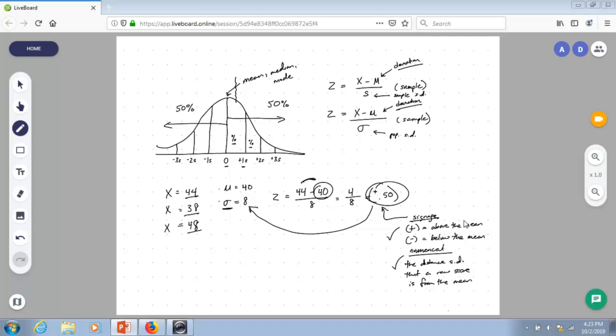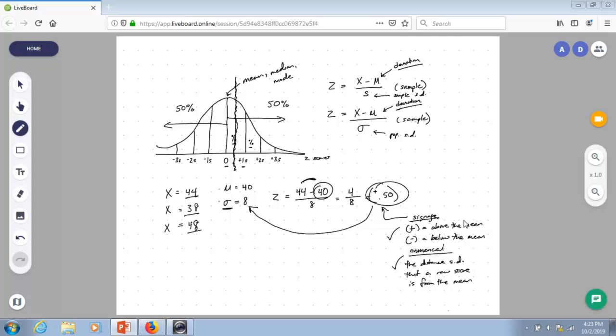So 0.50 would fall likely right there, kind of treating this like a number line of sorts, okay, because these standard deviations represent z-scores. And now we have a nice visual representation of 44 and its relation to the mean, which is 0.